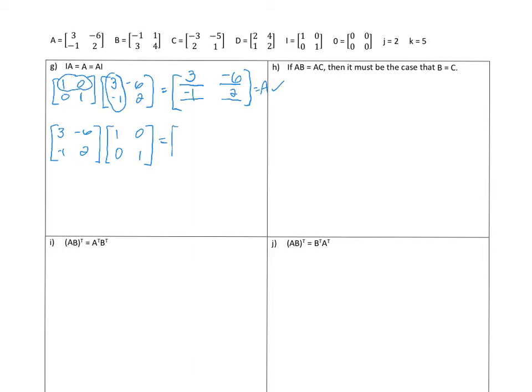So this comes out to 3 plus 0 is 3, 0 plus -6, -1 plus 0, and 0 plus 2. That is also A. So this is true. If you multiply the identity times a matrix or a matrix times the identity, you get the matrix back. So that is an exception where matrix multiplication is commutative if you're using the identity matrix.